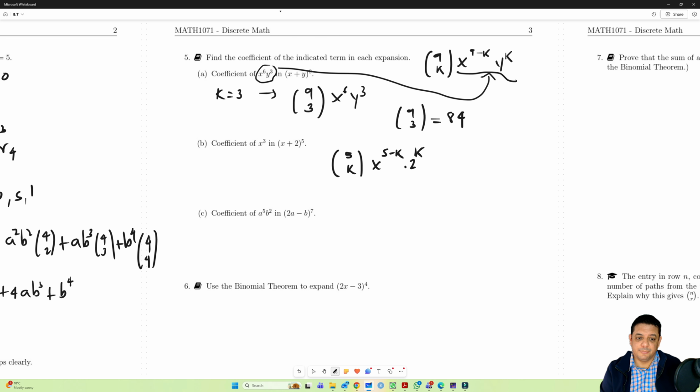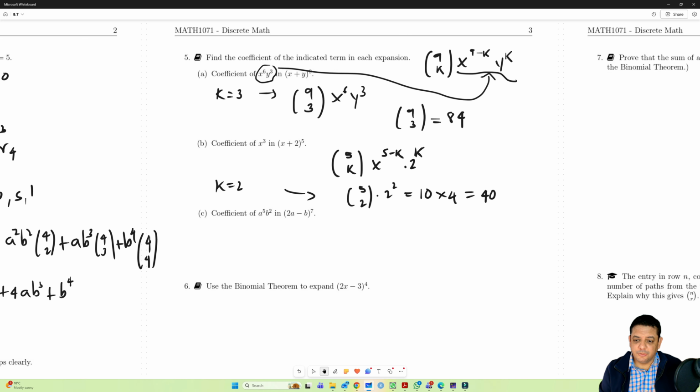So if you want x to the 3, you're going to get that k equals 2, since that will give you x to the 3 here. So you can figure out that the coefficient is going to be 5 choose 2 times 2 to the 2, because this is going to enter as a number in front of that. 5 choose 2 is going to be 10, times 4. So that's going to be 40.